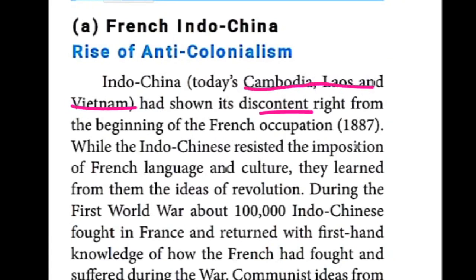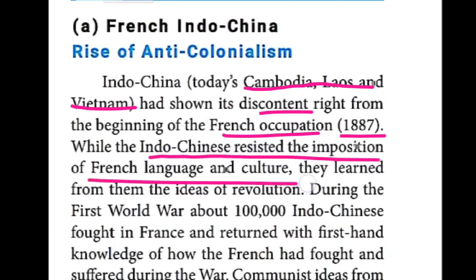They were under the control of the French in 1887. These people totally disliked it; discontent, dissatisfied. The Indo-Chinese resisted the imposition of French language and culture. They totally disliked the French language and culture, but they learned the ideas of revolution.